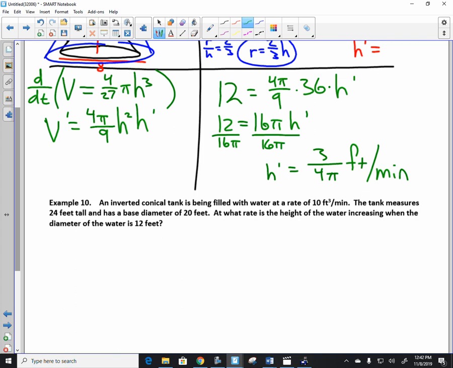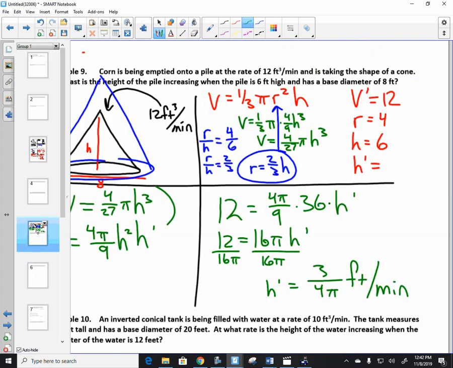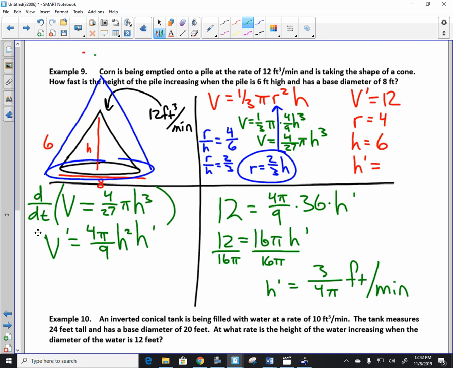Last example for the day. But folks, I want to be clear that if I change the problem, suppose I don't give you when the pile is 6 feet high or base diameter 8.